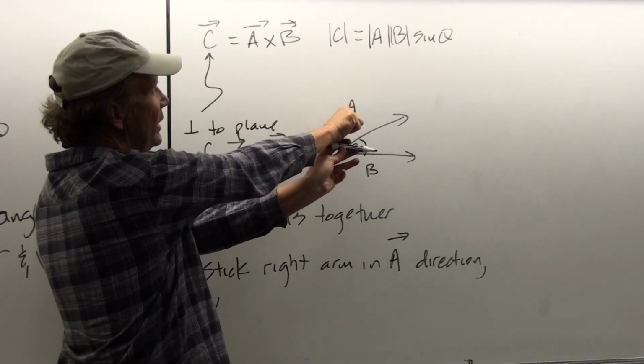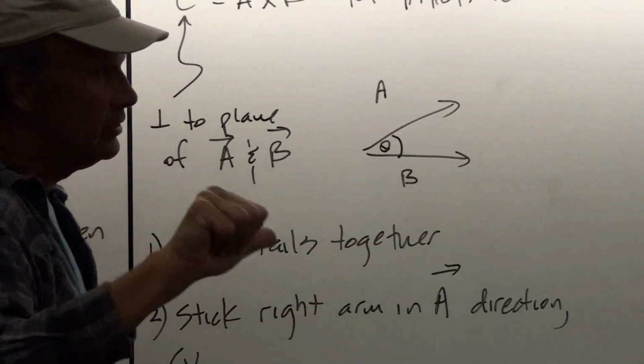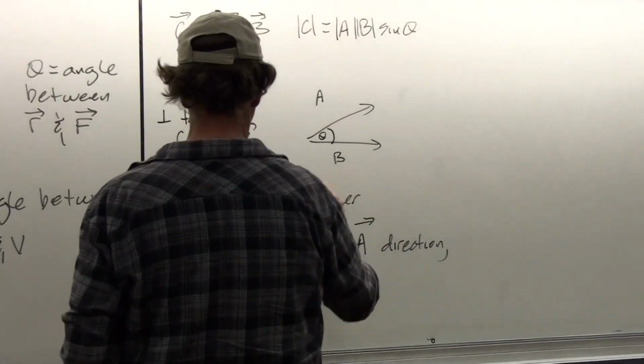Then I'm going to curl my fingers in the direction of B, and then, unless you're a contortionist, there's only one way your thumb can point. And so in this case, it's into the board.